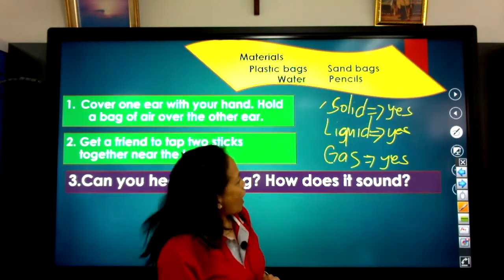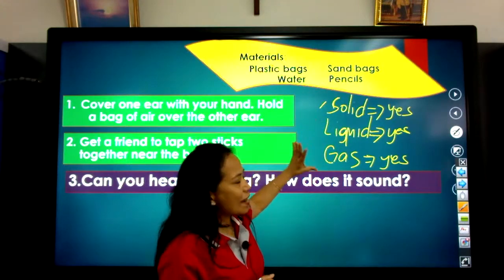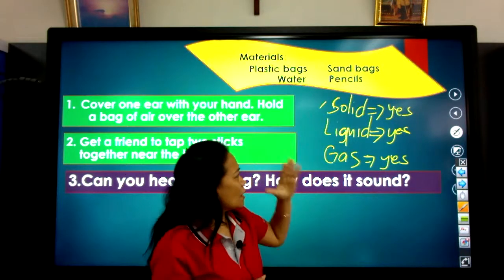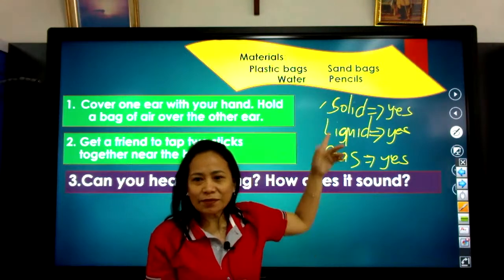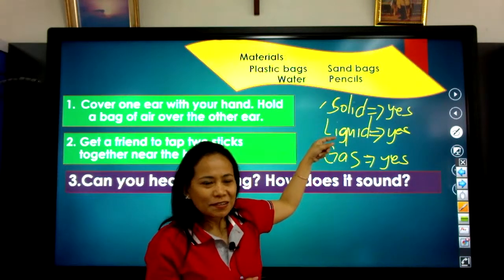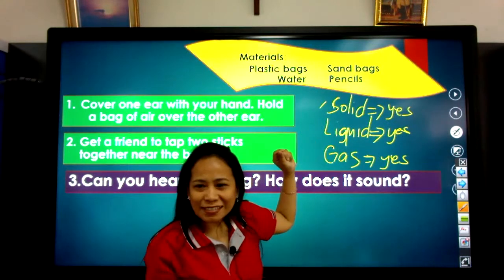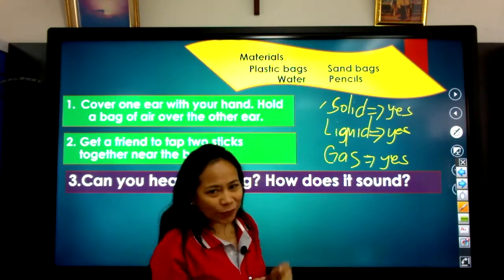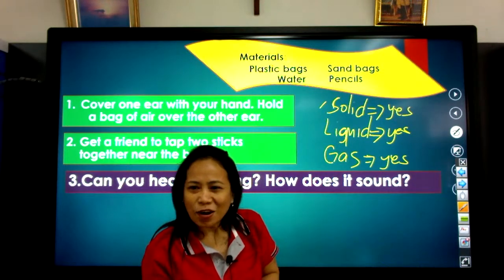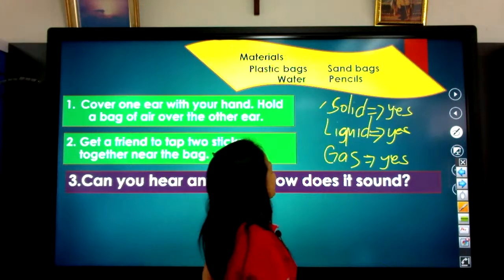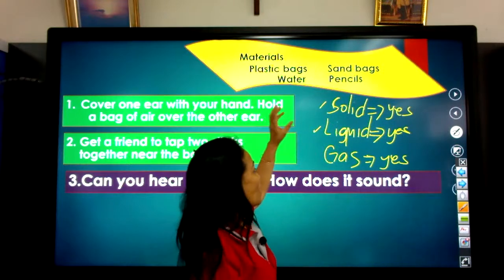And then, how about the next? Between the liquid and the gas, which is faster? Is it the gas or the liquid? Okay, so liquid.